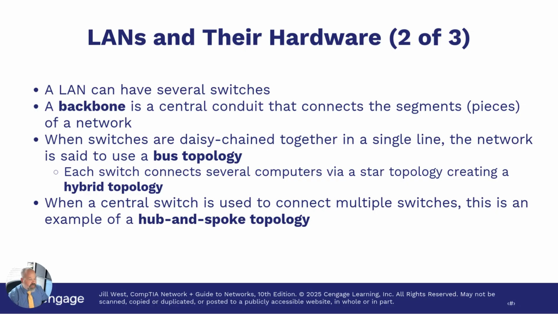There's also hybrid topology, which is combining different topologies to suit your needs. And then lastly, hub and spoke topology is when you have one main switch in the middle that connects to multiple smaller switches, like an airline hub system, where it looks like a wheel. You've got the hub in the middle, and the spokes are the peripherals that it's connected to.